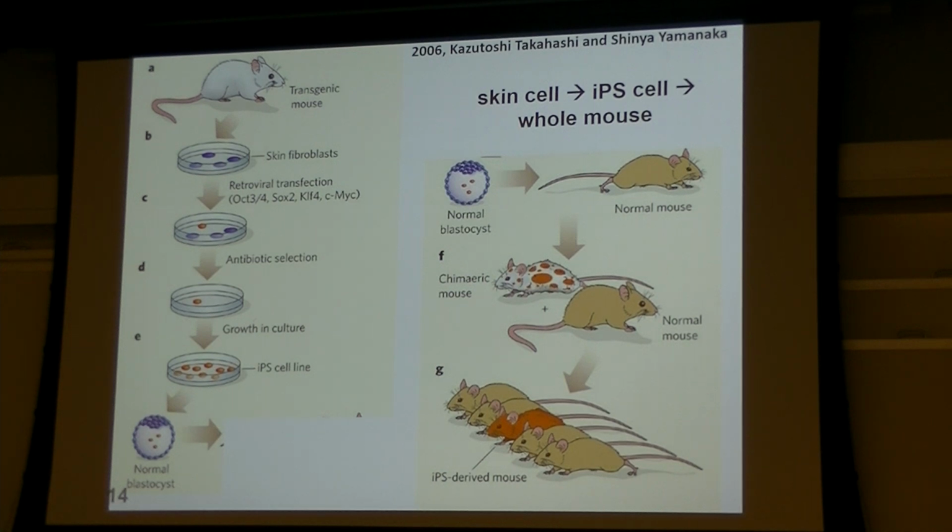So next question would be, are these induced pluripotent stem cells actually pluripotent enough to give rise to any cell type that we would want? And could they, in fact, give rise to germ cells, sperm or egg, that could then be used to pass down the genetic information into a full organism?